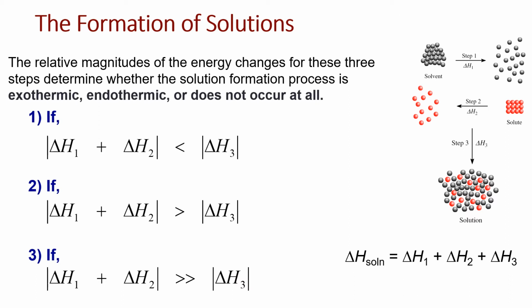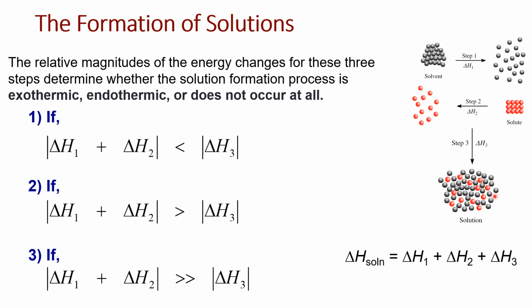And so if you have a situation where the sum of the delta H's of these two steps where we break these apart is greater than the delta H of going into the solute-solvent interaction, right? So if you look at that versus this one that's reversed, right?